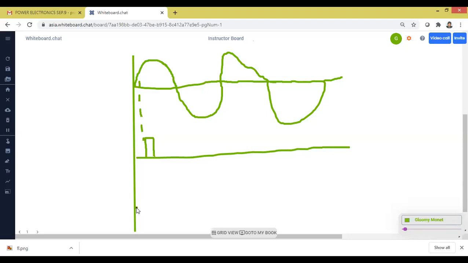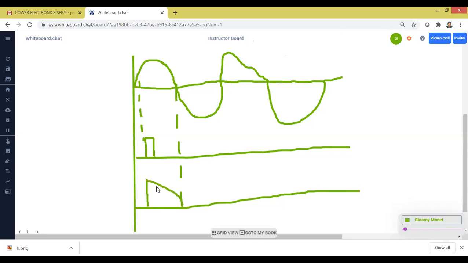The SCR is turned on. Which SCRs? T1 and T3. This is from 0 to 180. Now when the SCR is on, it transfers the input energy to the output.